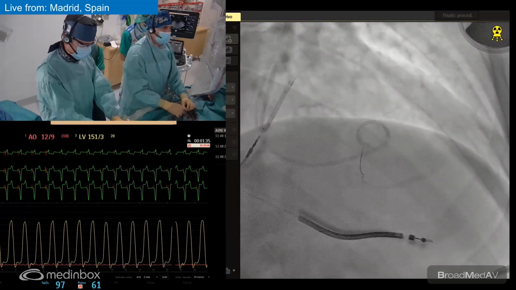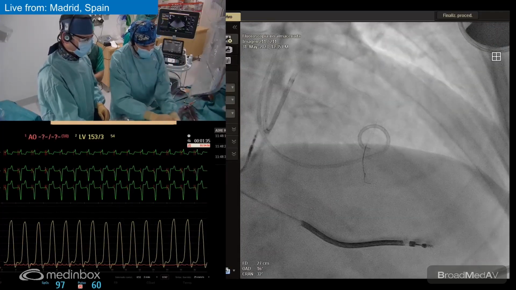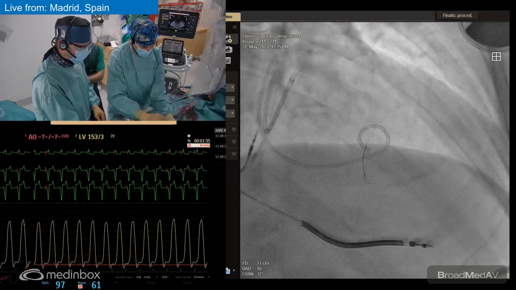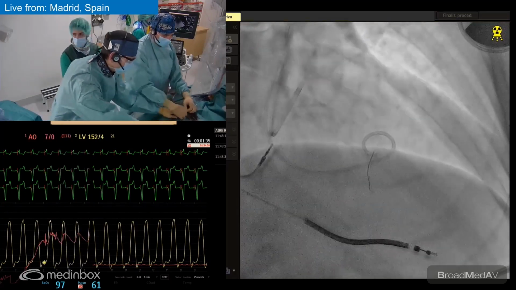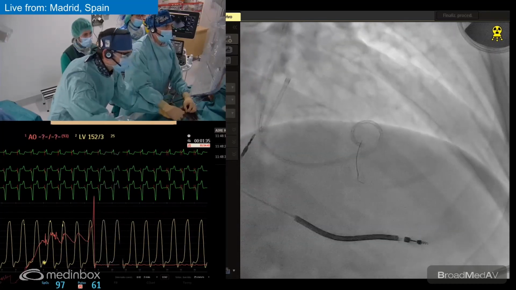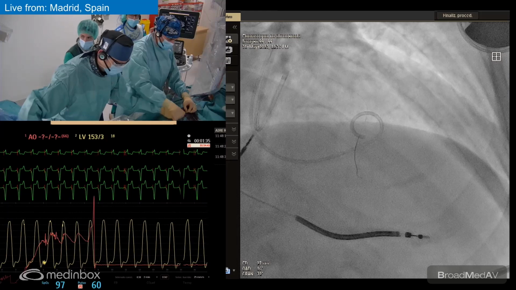Yeah, I have the wire. Okay, strapped. So deflate the trapping. We can retrieve it. Okay. Trapping is yours.